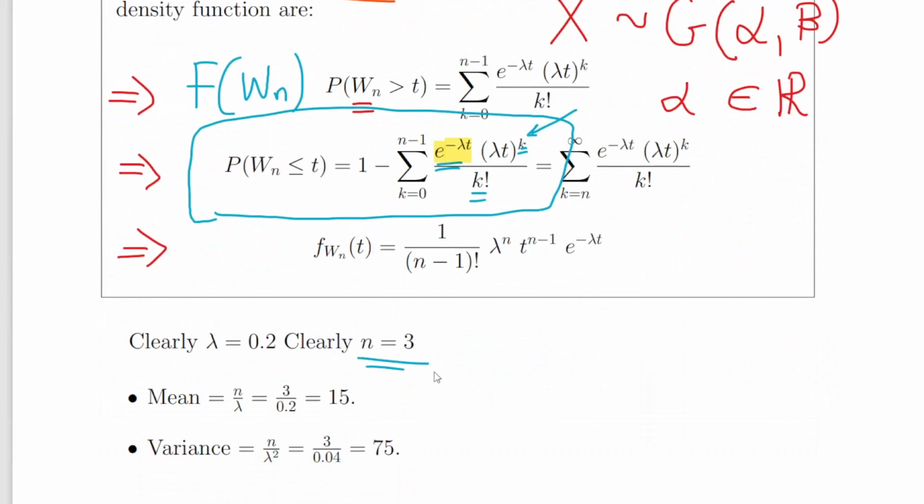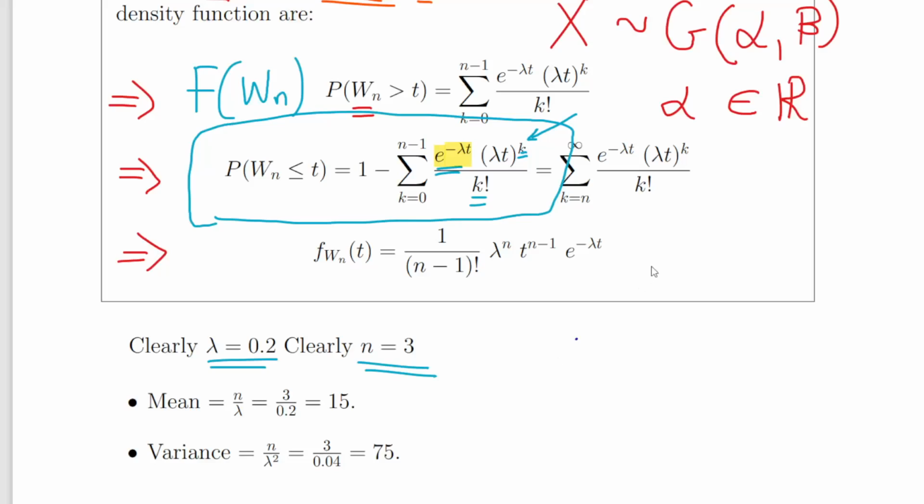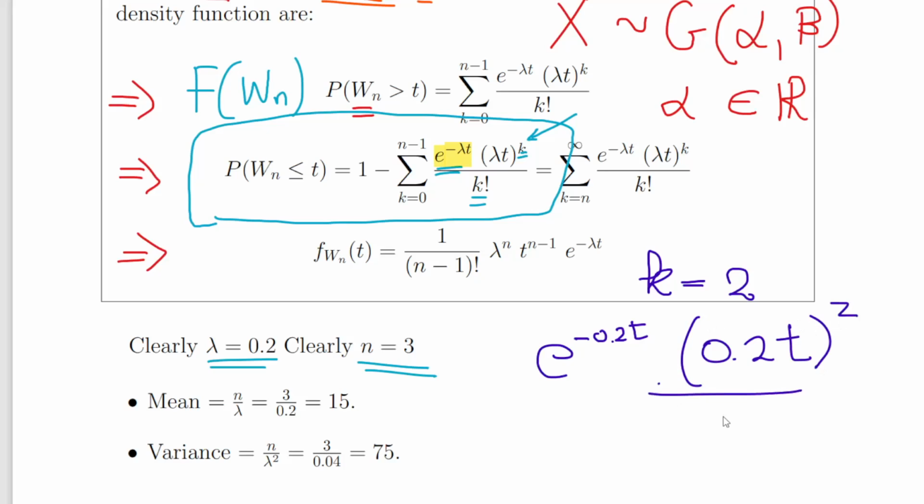We can check a couple of things here. Let k equal 2, which is n minus 1. We have e to the minus lambda t, which is straightforward enough, so we'll concentrate on the other part. We'll denominate it in terms of t, but it's actually x. So lambda, 0.2, times t, squared, and divided by k factorial, which is 2 factorial, which is 2.